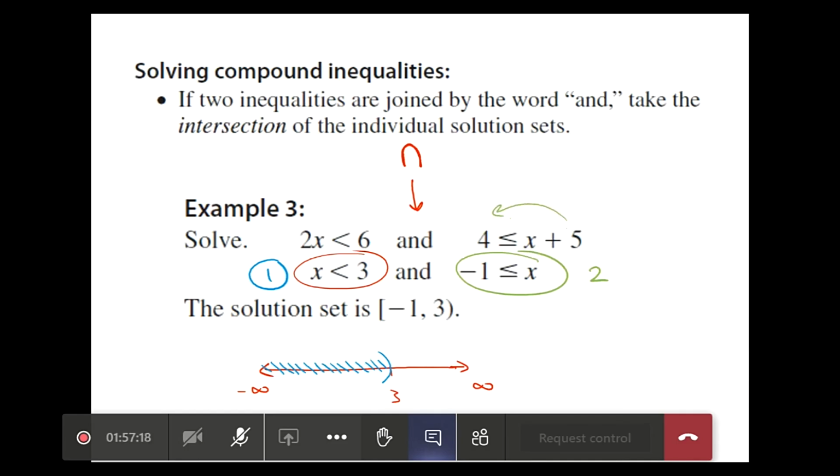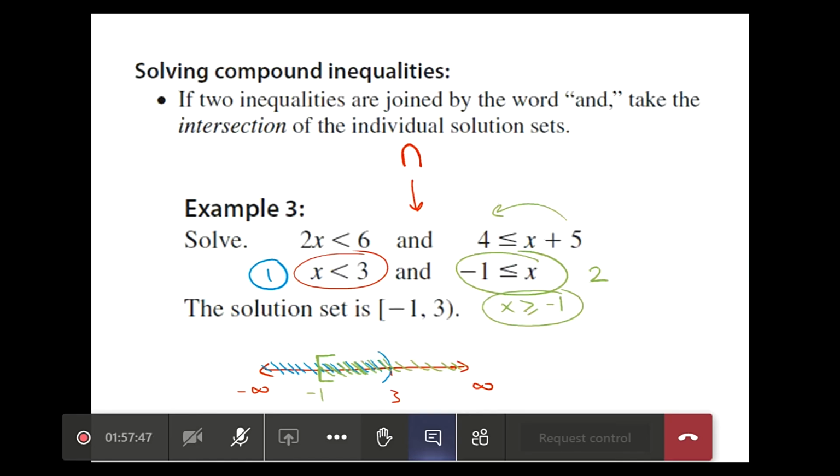Move the 4 to the other side, so we have x greater than negative 5, and x greater than or equal to negative 1. Where is negative 1? Here, negative 1, we have a closed bracket and greater than, so we need this one.